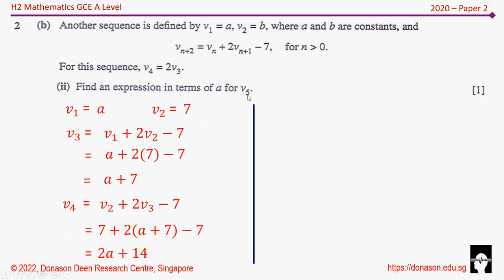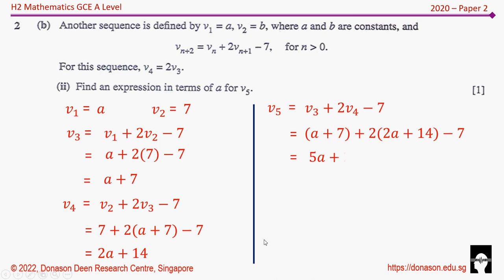But do we stop here? No, we need to go on one more term, which is v5. v5 is equal to v3 plus twice of v4 minus 7. Our v3 we already have is a plus 7, and twice of v4, in the bracket we put 2a plus 14, and then minus 7. 2 times 2a is going to be 4a, plus one more a, that becomes 5a, and twice of 14 is 28.